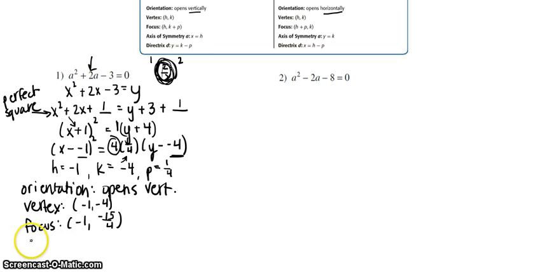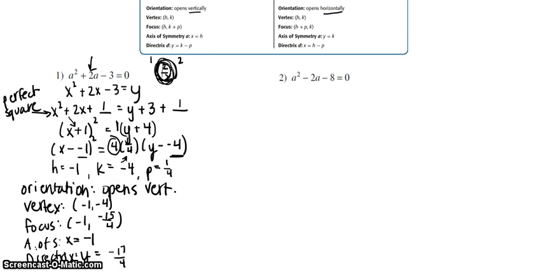Then our axis of symmetry will just be x equals -1. That just shows where it reflects. And then our last thing, our directrix, is going to be y equals, now it's k minus p, so it's going to be -17/4.